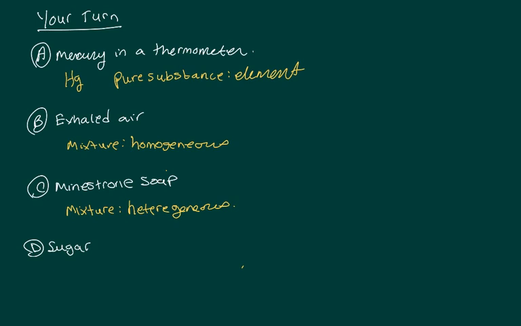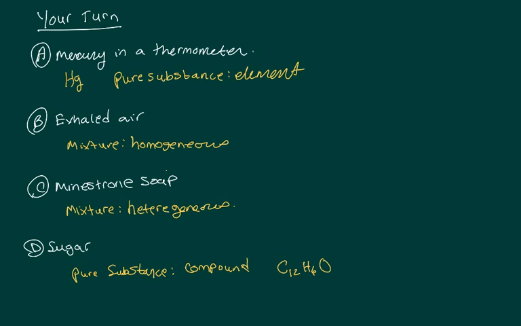Sugar is a pure substance when you have sugar only, but it is a compound because you can't find sugar on the periodic table. So it must mean it's made up of more than one element. And here's the chemical formula for sugar, which is glucose.